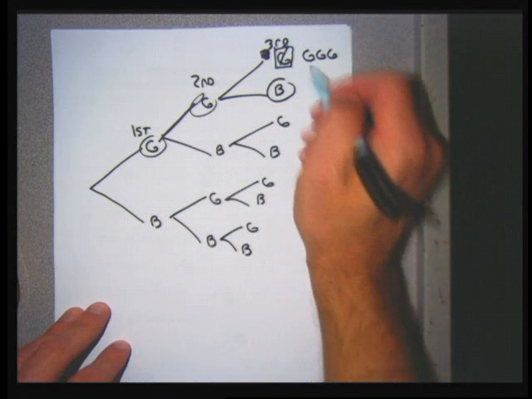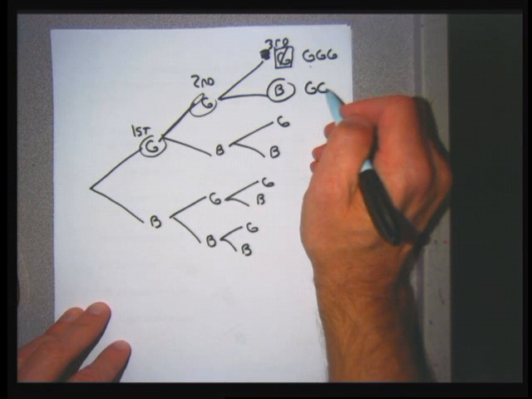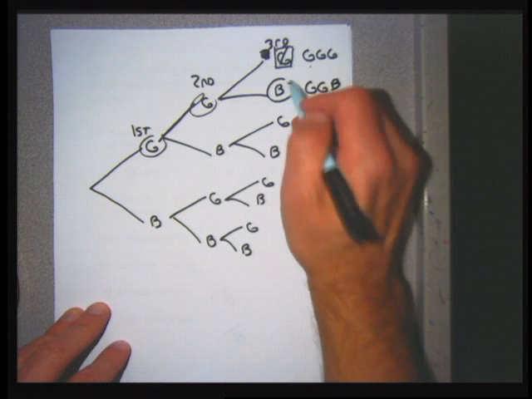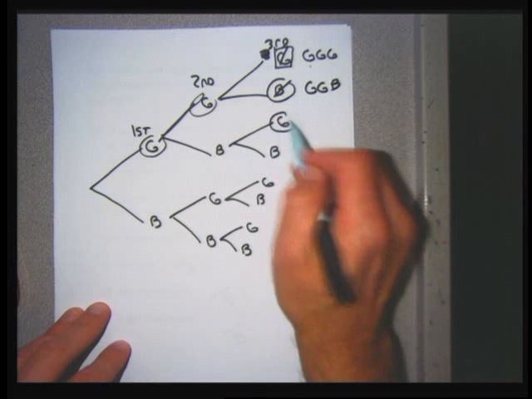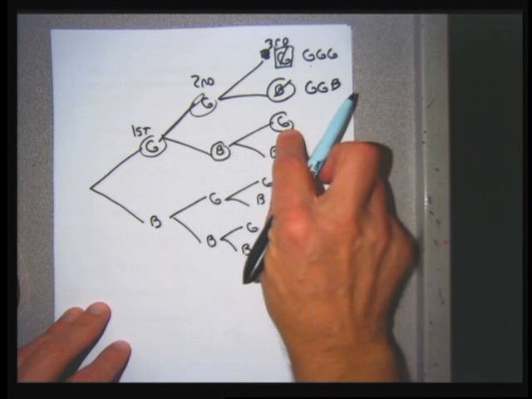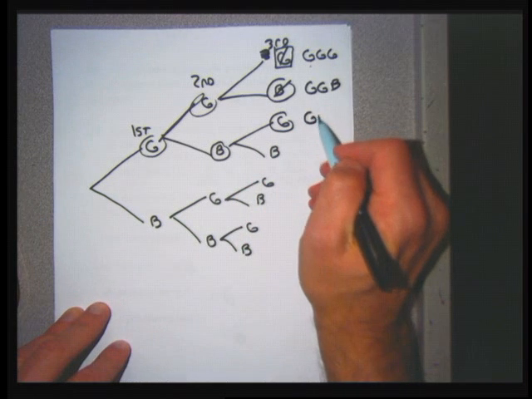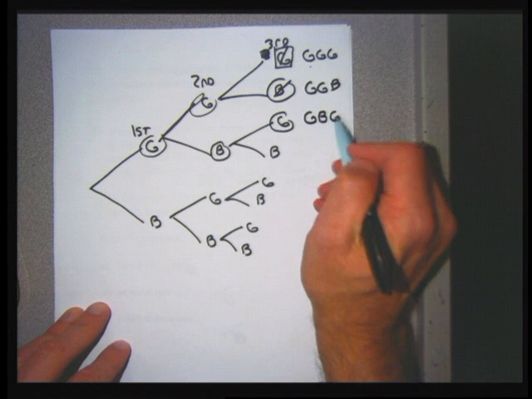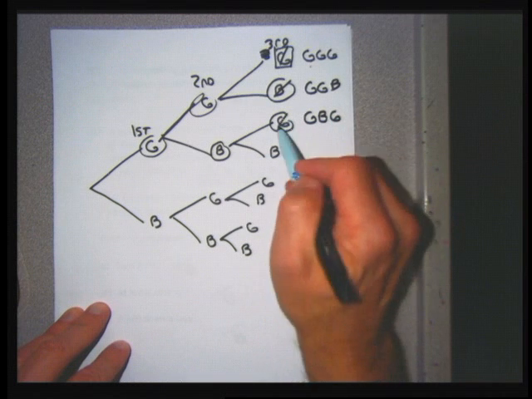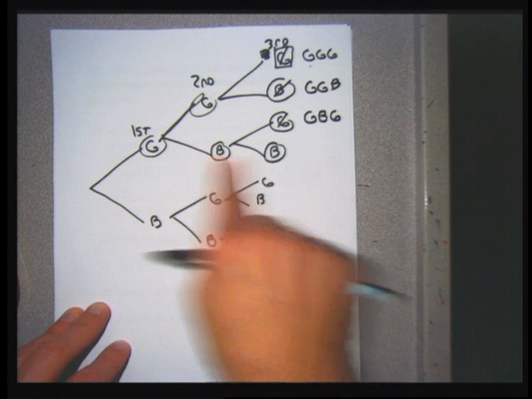So the second item in my sample space is girl first, girl second, boy third. To get to this G, it's girl first, boy second, girl third. So this G right here represents a girl first, a boy second, and a girl third. Done with it. This B right here represents girl first, boy second, boy third.